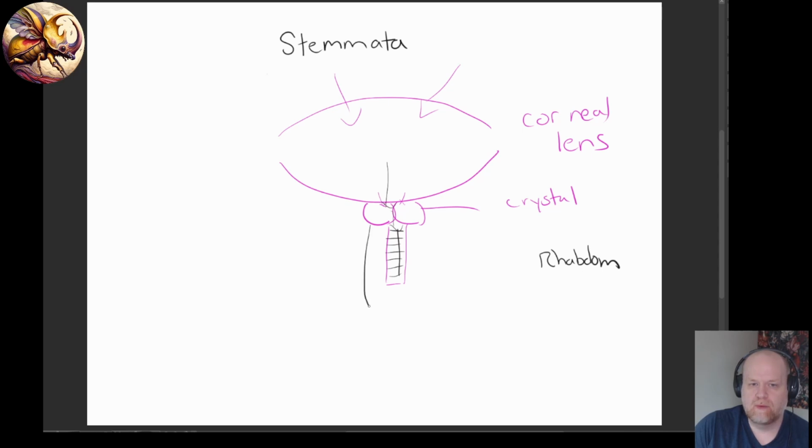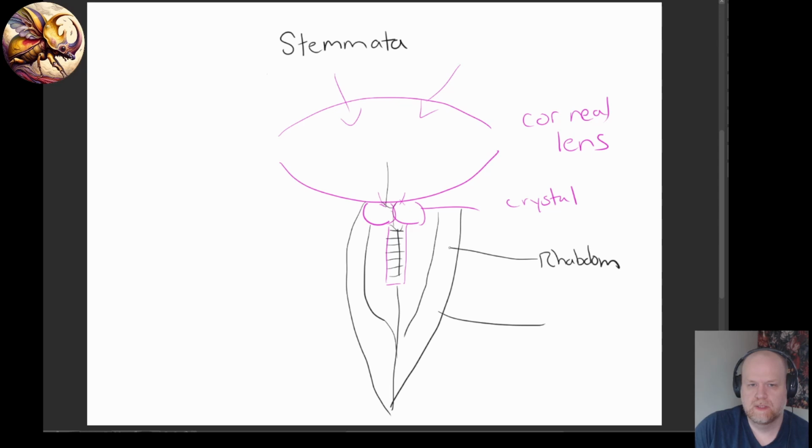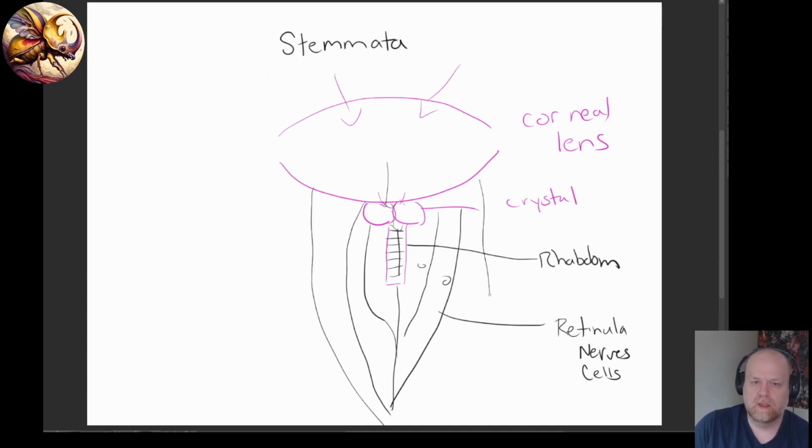Around that rhabdome, you have a series of nerve cells called the retinula. So that's the rhabdome, and these are the retinula nerve cells.